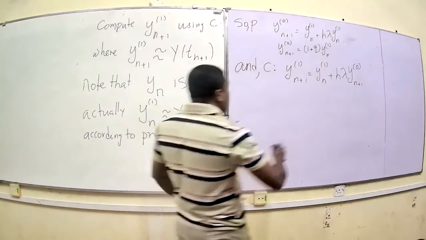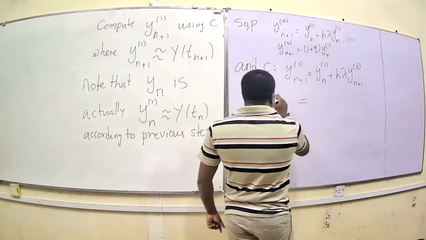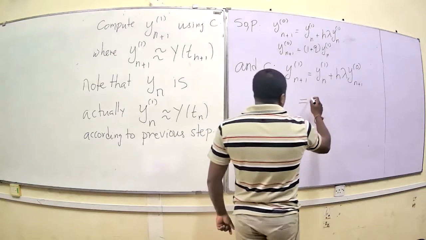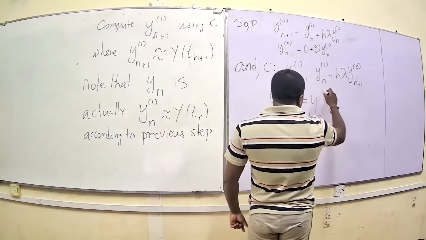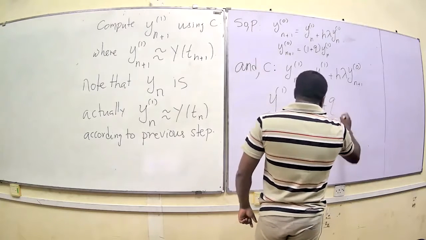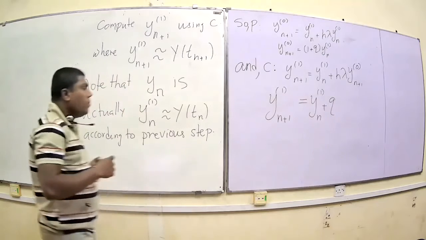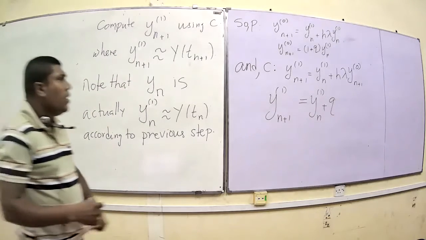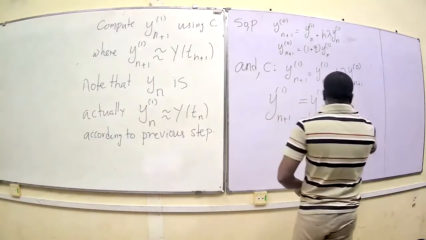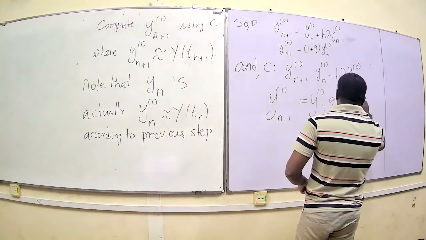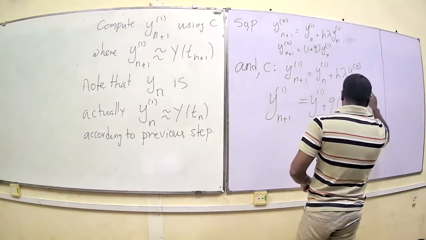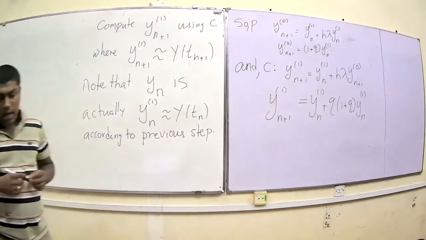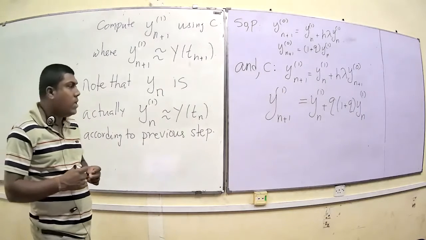Okay, so we can substitute for y_{n+1}^{(0)} here. H lambda is q, right? H lambda is q, and then y_{n+1}^{(0)} is this.